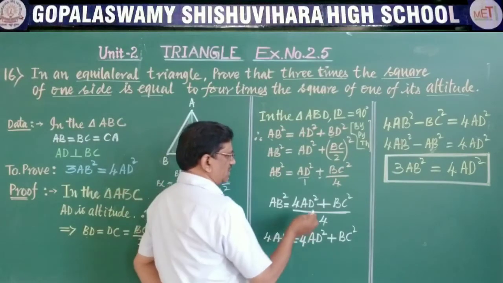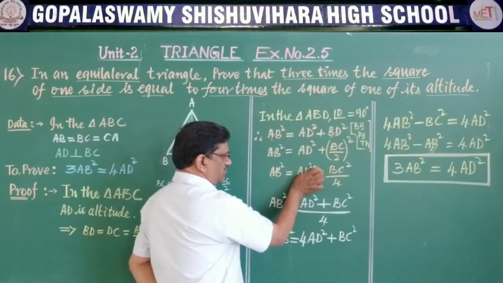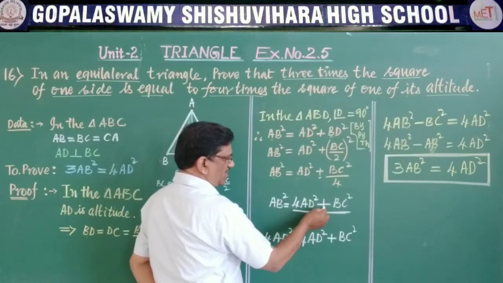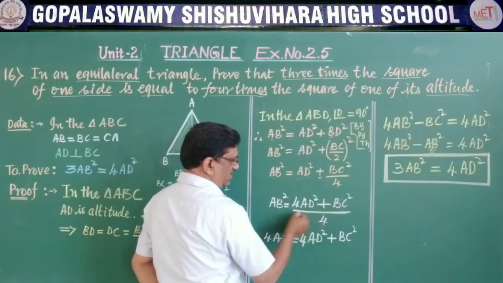Or else we can do like this also. That is, multiply 4 into AD square. That is 4 into AB square is equal to 4 AD square plus BC square divided by 4.